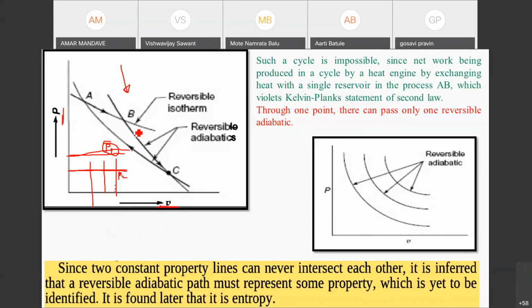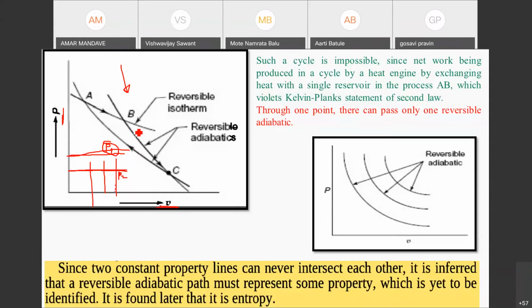Now we have to define another property of a particular system, because till now we know the pressure, the volume, the temperature, the internal energy, then the enthalpy, etc. The new property will be given by the second law of thermodynamics, or we can say by the Clausius statement.